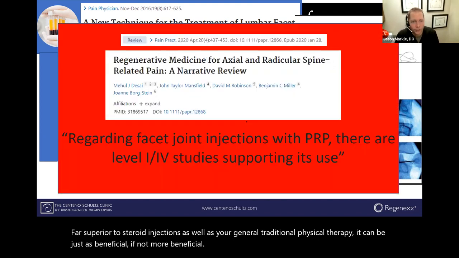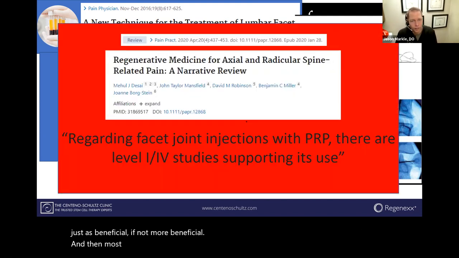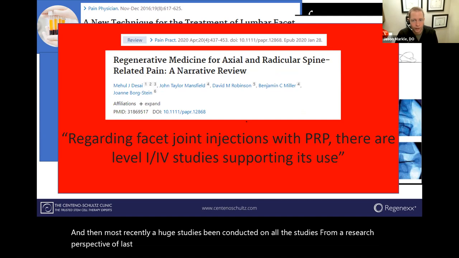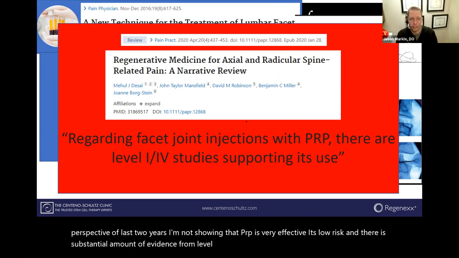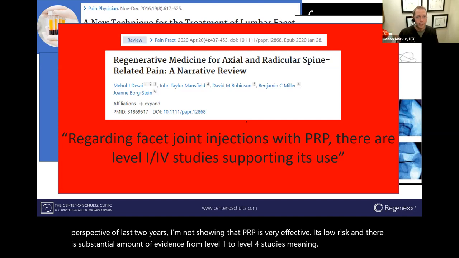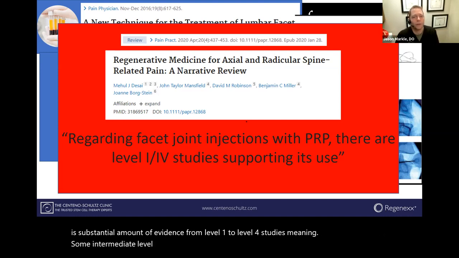And then most recently, a huge study has been conducted on all the studies from a research perspective over the last 2 years, showing that PRP is very effective and low risk, and there's a substantial amount of evidence from level 1 to level 4 studies, meaning some intermediate-level studies as well as the highest-level research studies that exist.